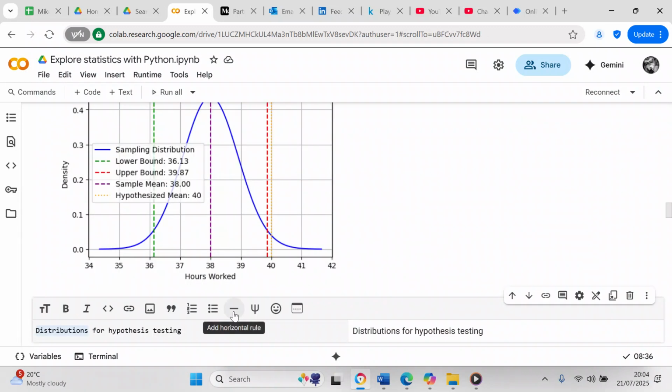And so you can see that with the 95% confidence interval, the employees do not work 40 hours a week, as the company has claimed. So that means that the null hypothesis has to be rejected.